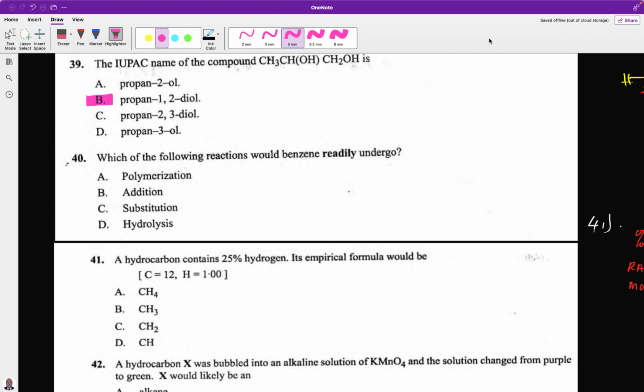So benzene will undergo a substitution reaction, not addition, not polymerization, not hydrolysis, because of the high electron density in the ring.